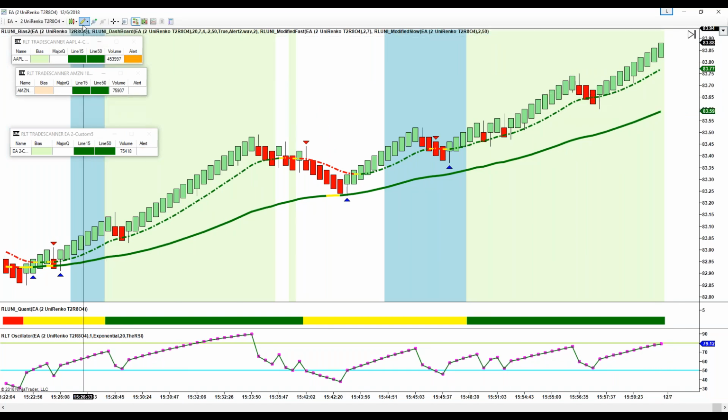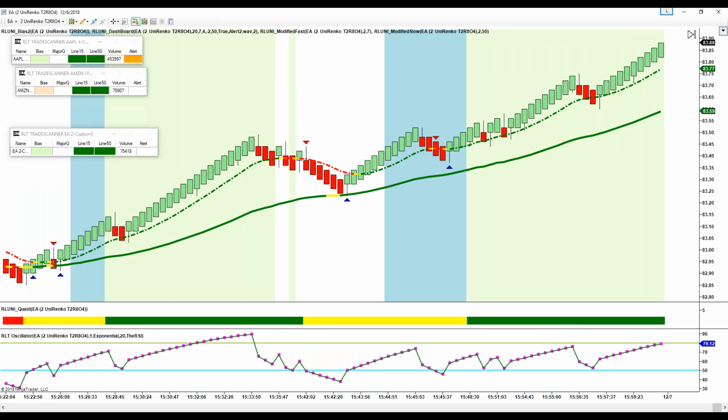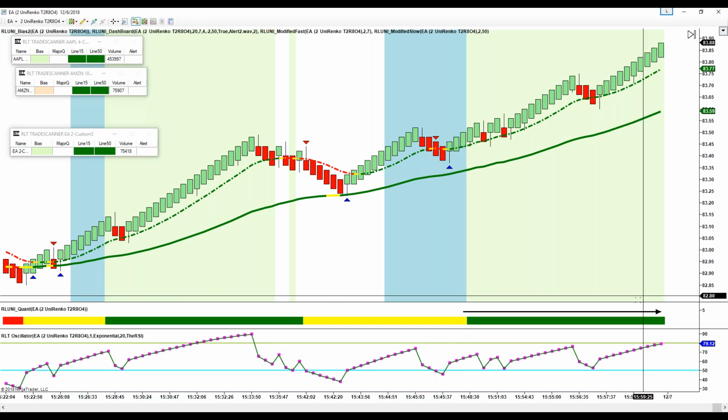Now, this line here, we all know that these markets do not move in isolation to each other, nor does any stock.